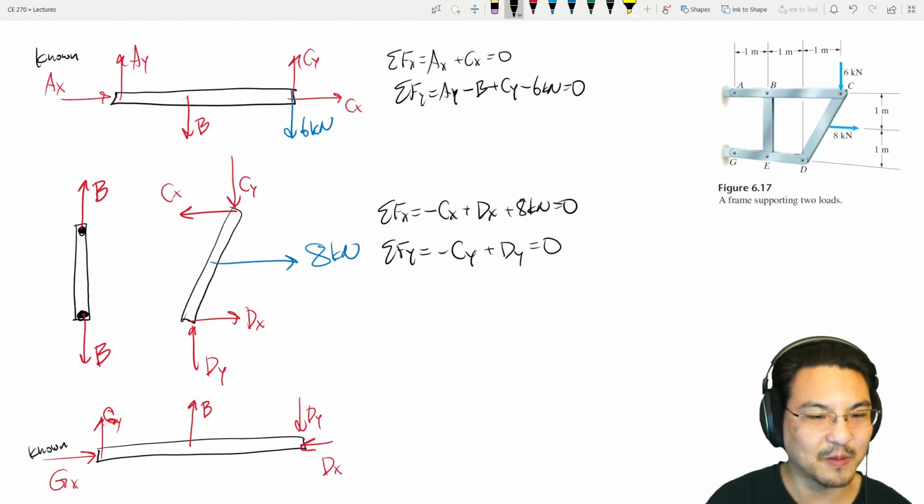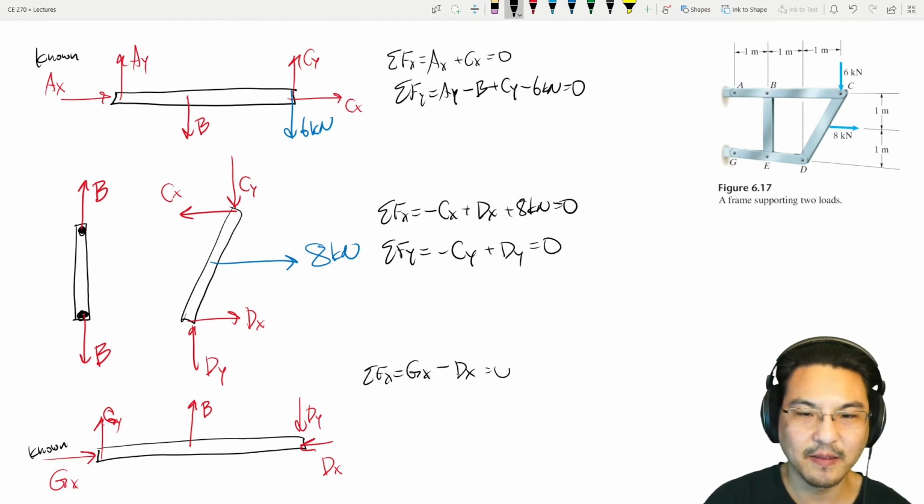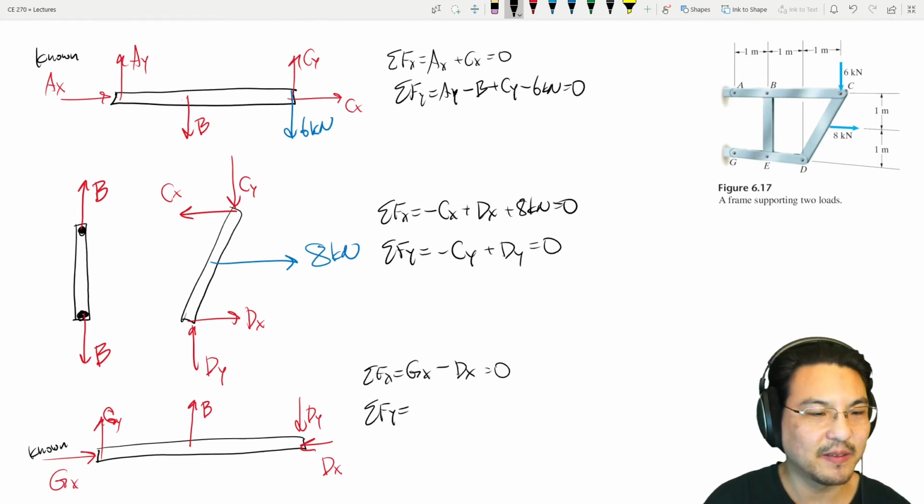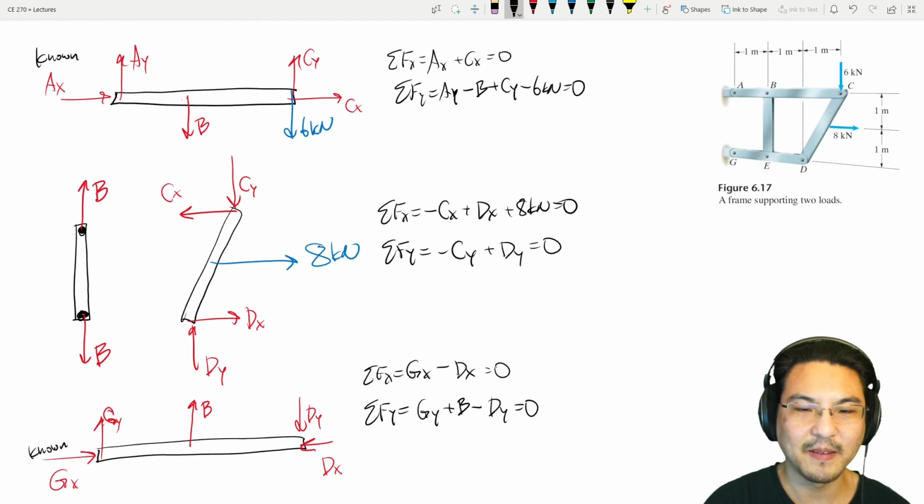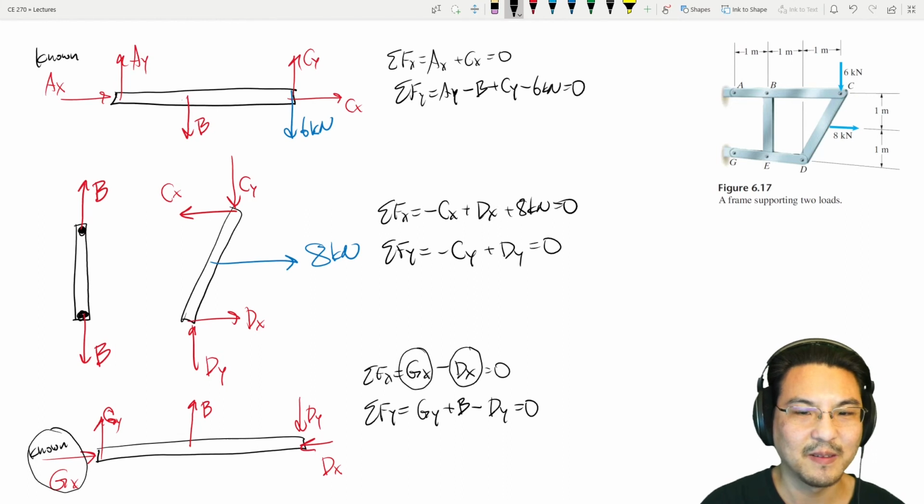Okay, now this last one over here. X direction, we got gx minus dx. That's it. And then y direction, gy plus b minus dy. Okay, so let's see. Gx is known. This is known, which means we can solve for dx immediately.